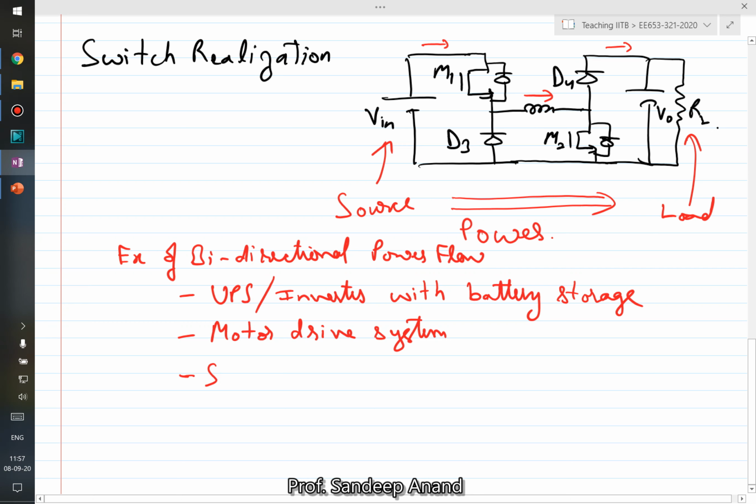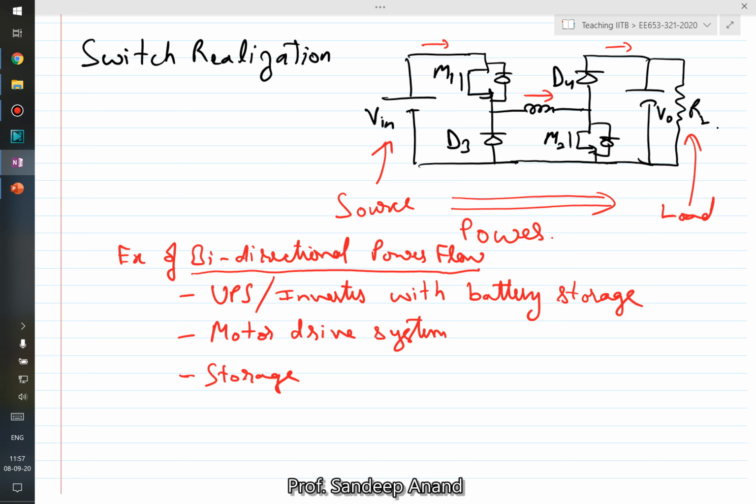Because it will first store the energy, power would flow in one direction, then the energy it would supply back, so the power would flow in another direction, right? If you try to integrate such storages, you might need the capability of bidirectional power flow. So the requirement of bidirectional power flow does exist, right? And therefore in general we would like at some point our circuits to have that capability.